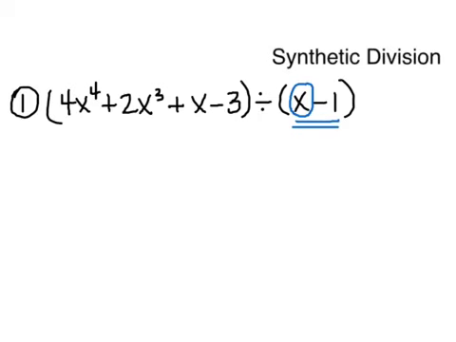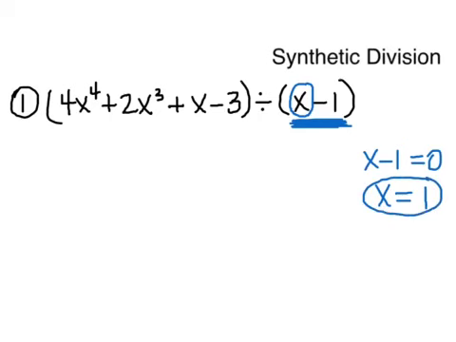And so what you do is you think about this factor right here, or this binomial. We've learned that if you were to set that equal to 0, if that were a factor, the 0 of the function, or the x-intercept, would be positive 1.